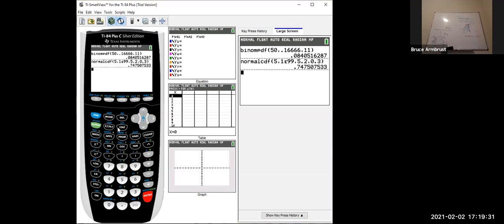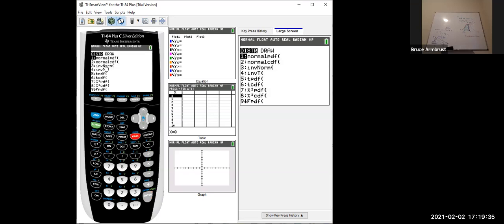All right, so let's go to distributions. And you'll see that the third one down here is called inverse norm. So let's go to inverse norm. Notice the first thing it asks is the area we want. So let's find the first quartile. So we're going to do an area of 0.25.